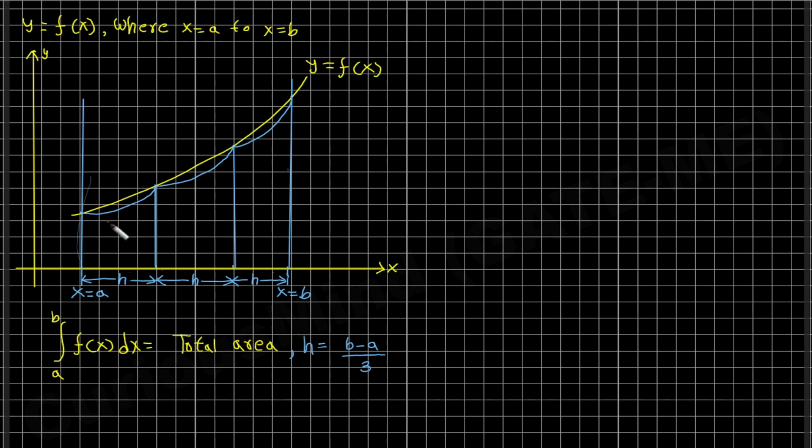Similarly, if the portion of the curve in each subinterval is assumed to be, say, a cubic function, which is drawn in this blue color, then we would have an area under a cubic curve in every subinterval, and the corresponding numerical integration technique becomes Simpson's 3/8 rule.